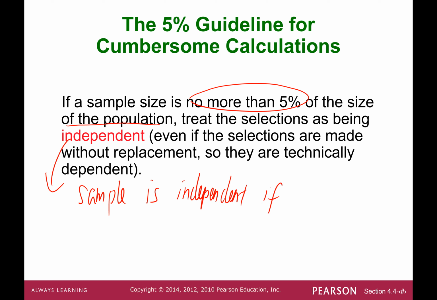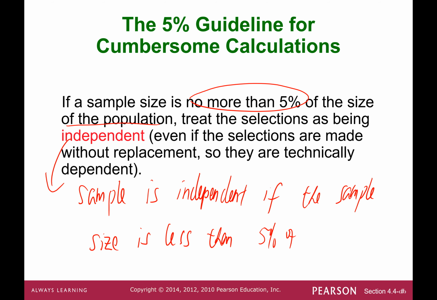If the sample size is less than 5% of the population, even if the selections are made without replacement, we still treat them as independent.